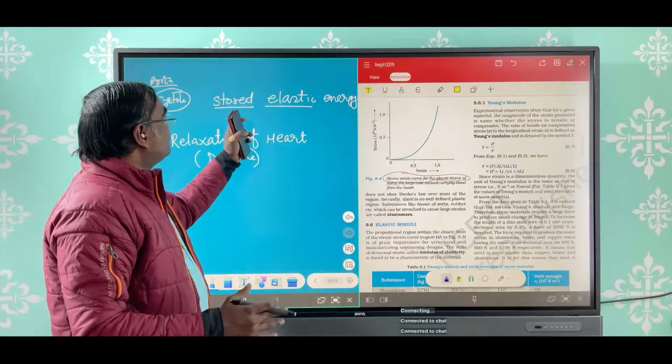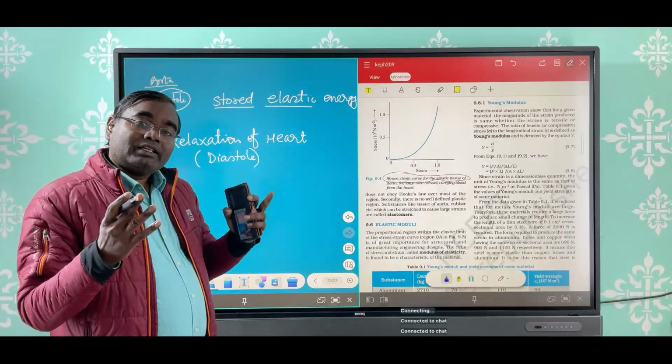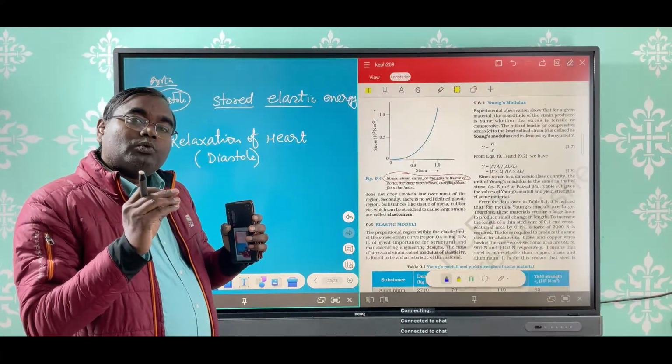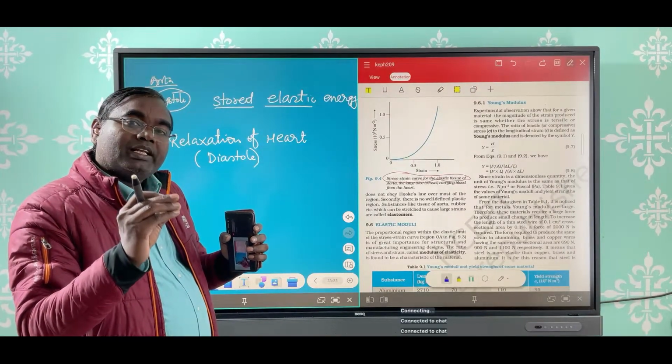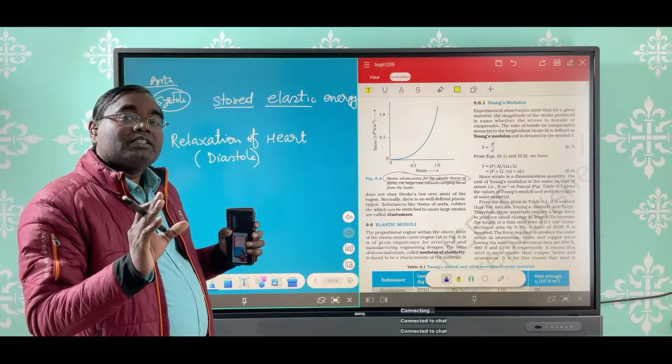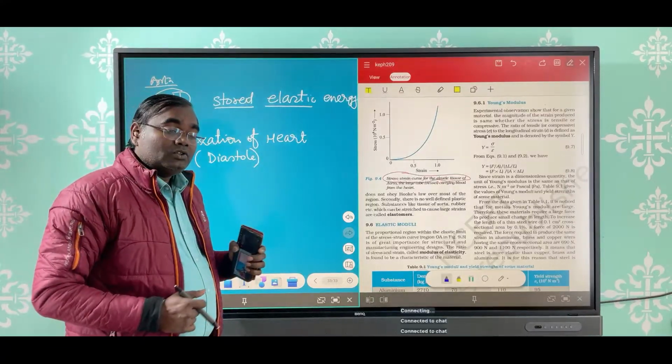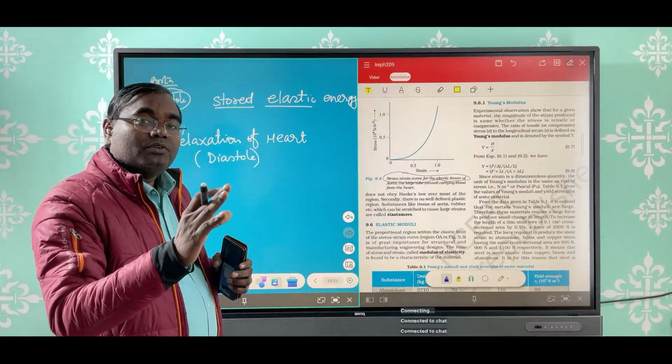As soon as it relaxes, this aorta will get enough time to release its energy. What energy? Elastic energy to make the blood flow.